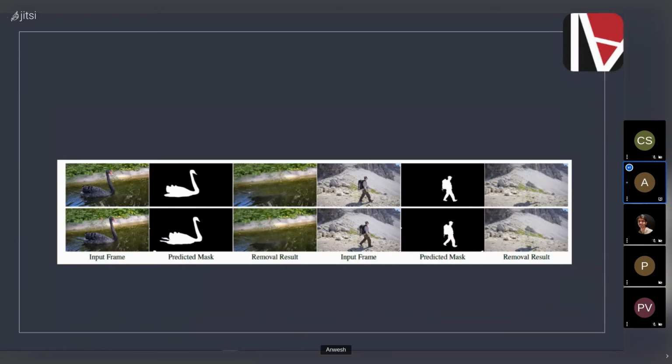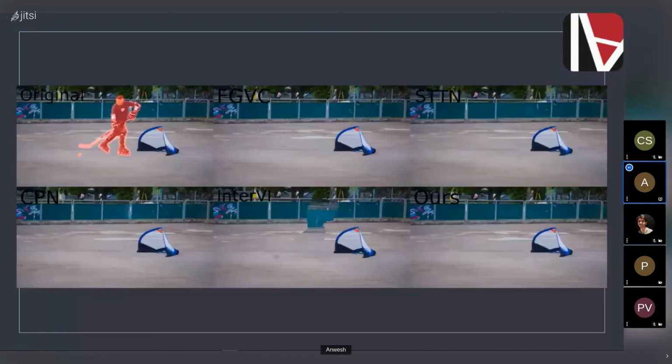Let's take a look at this. We have an image, and then the model predicts the mask, and then it removes it. You can see the four examples here. Now let's take a look at the results in video form. We have already taken a look at the results in the image form.